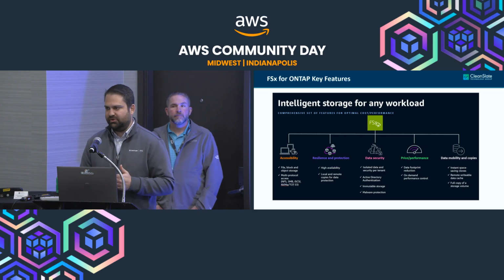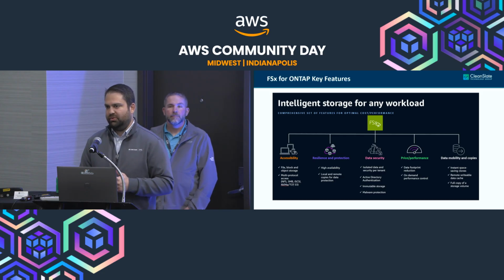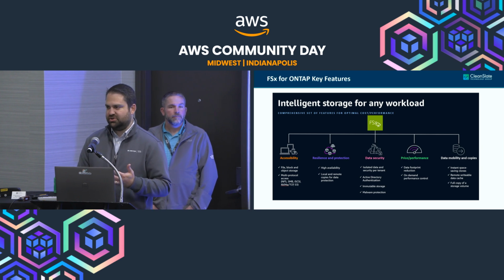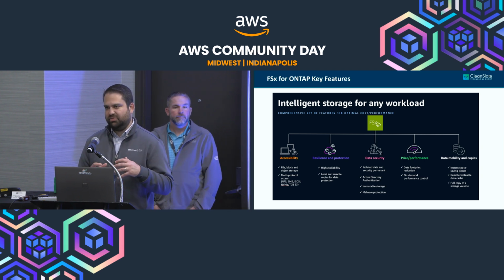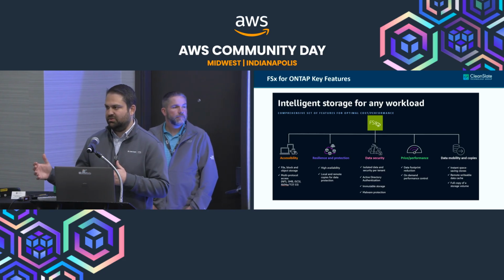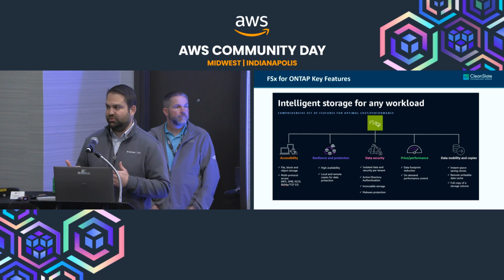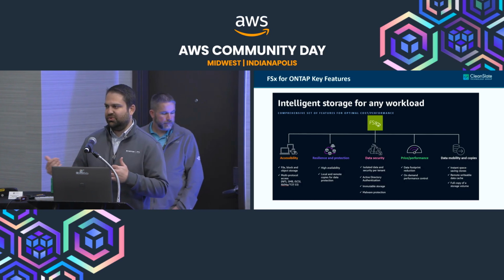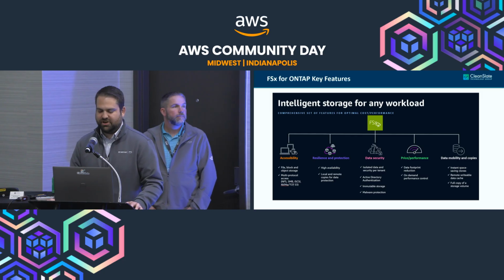SnapLock is our term for WORM. So if you're a financial services customer, or in a regulated industry of any kind, you can have compliant snapshots and retain them for 7 to 10 years, no issue. Those will tier to the capacity pool as well, so you're getting better cost for those long-term copies.